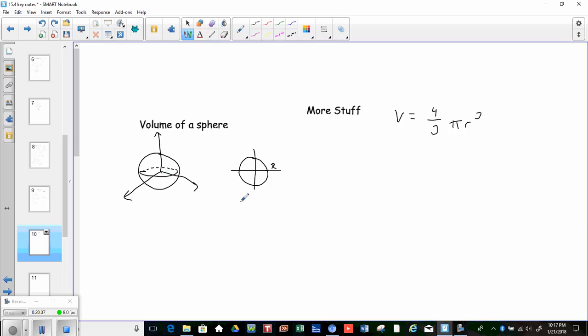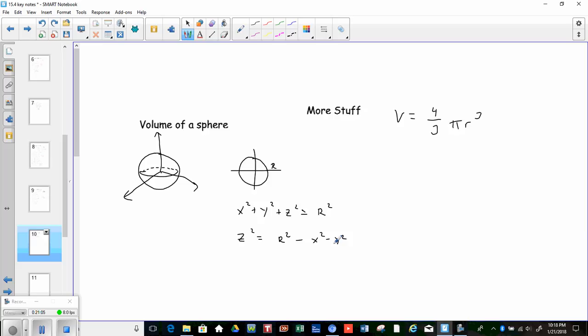And we know that the equation of a sphere centered at the origin is x squared plus y squared plus z squared equals our radius squared. And if we wanted to put this into terms of polar, first of all, we're going to solve this for z. So z squared equals capital R squared minus x squared minus y squared.